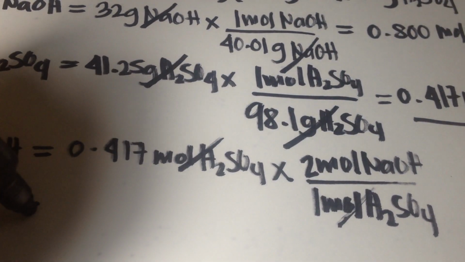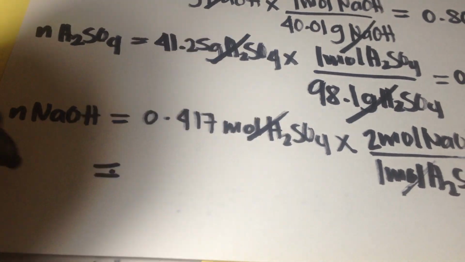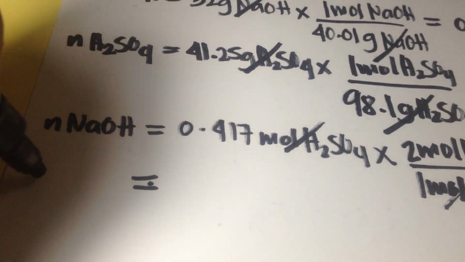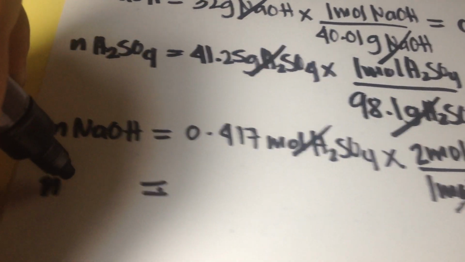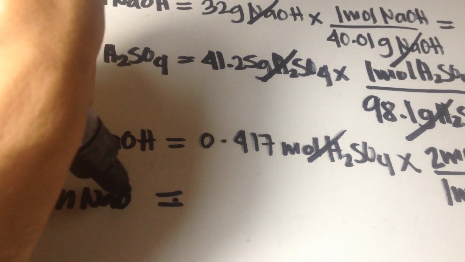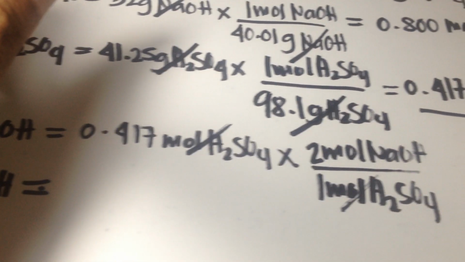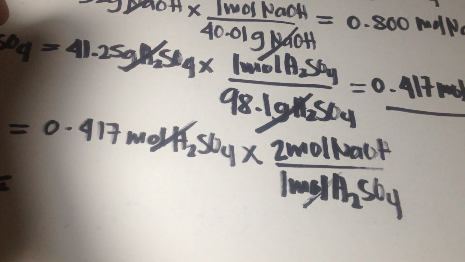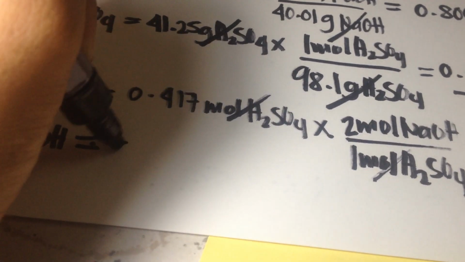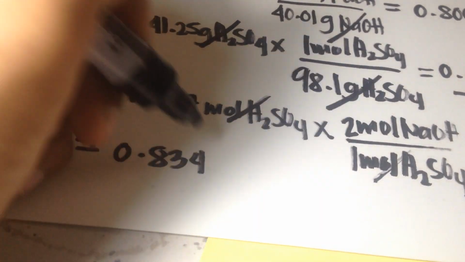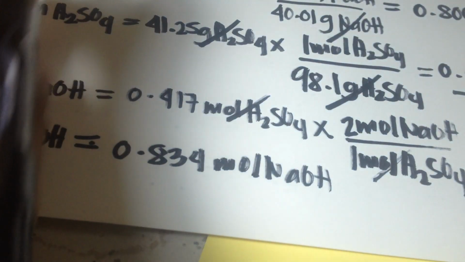So we have moles of NaOH equal to 0.417 times 2, which is 0.834 moles of NaOH.